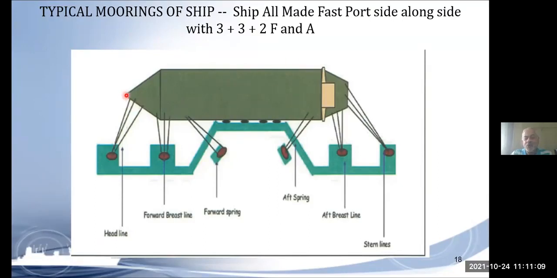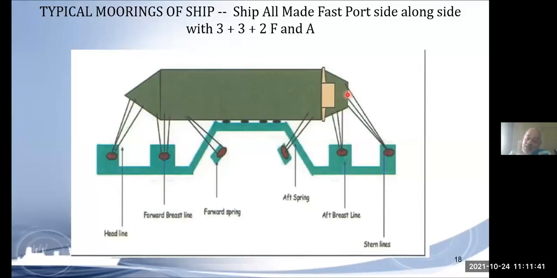You make a center line from here up to here. This is the center line of the ship, the forward and aft center line. The right hand side part is starboard, the left hand side part is port.